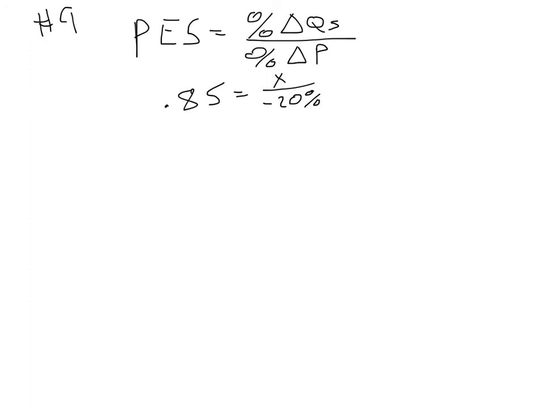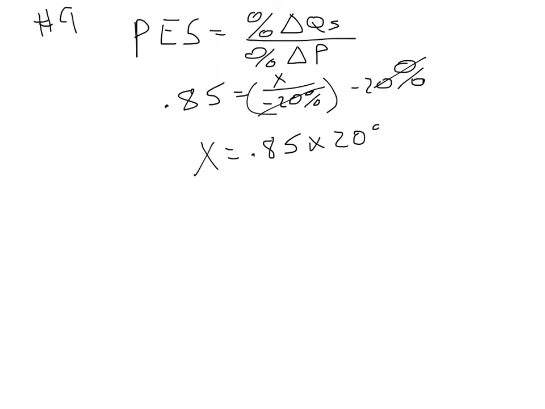Alright, so we're going to solve for x again, so we multiply both sides by negative 20%. X equals 0.85 times 20%, and so the percent change in quantity supplied is going to be equal to 17%.